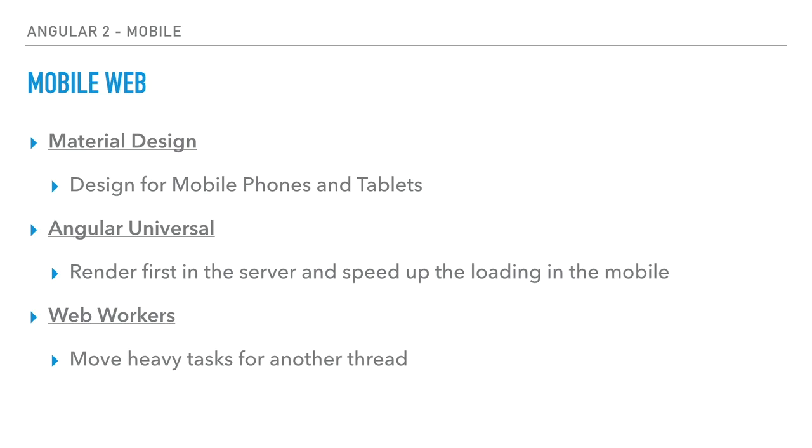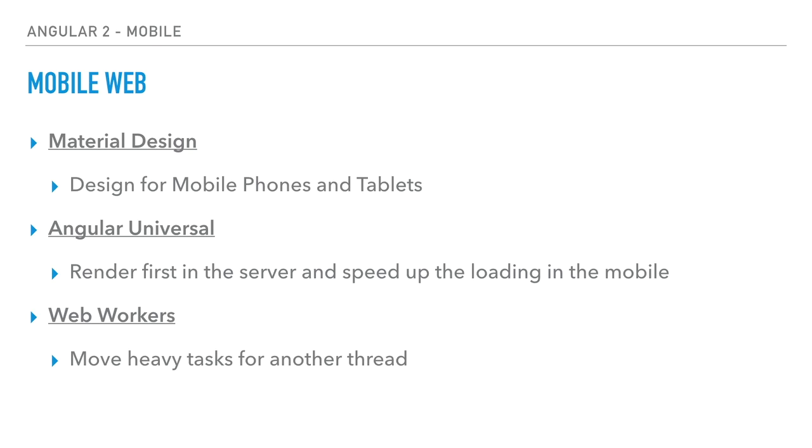So what is Angular 2 doing about mobile? First of all, they are providing a library that is Material Design. This is the design for mobile phones and tablets. They are providing Angular Universal. I mentioned this briefly in the first intro video, and it's about rendering Angular on the server.